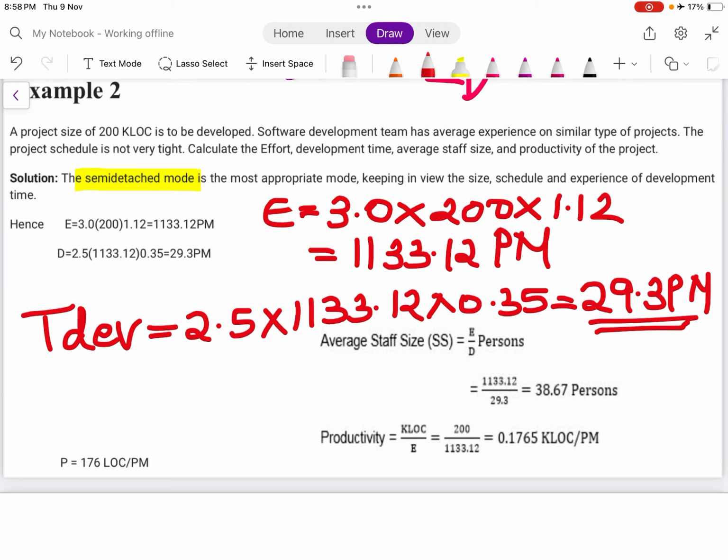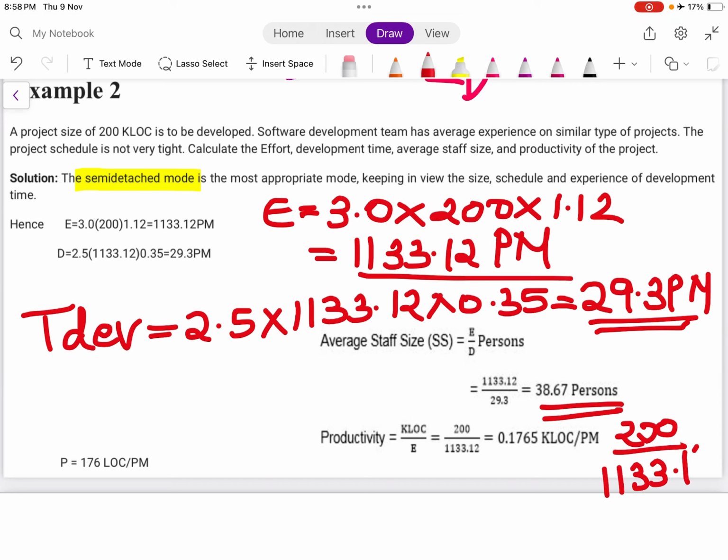So average staff size is E by D: E is your effort upon D your development time. So this many persons is your average staff size. Productivity is KLOC upon effort. KLOC is given to you as 200, upon effort, which we found out as 1133.12.